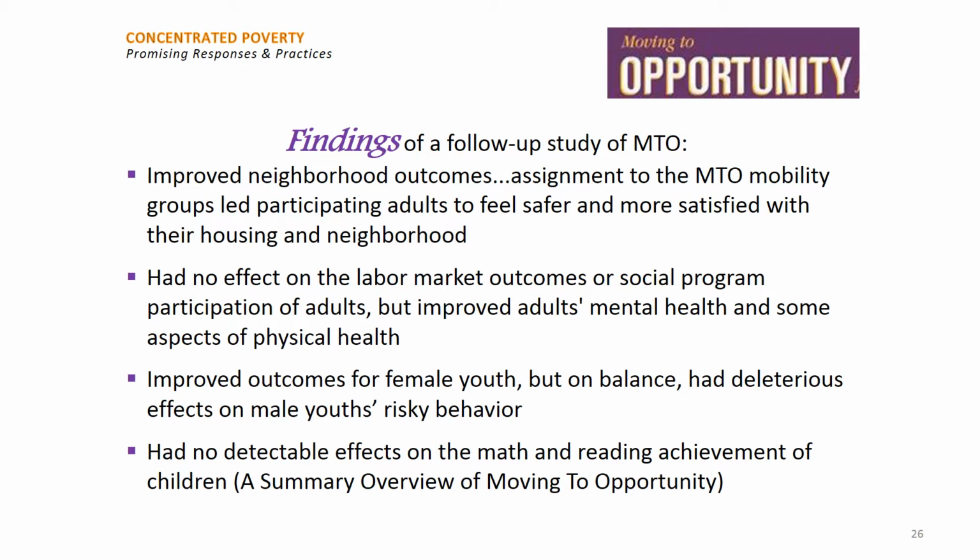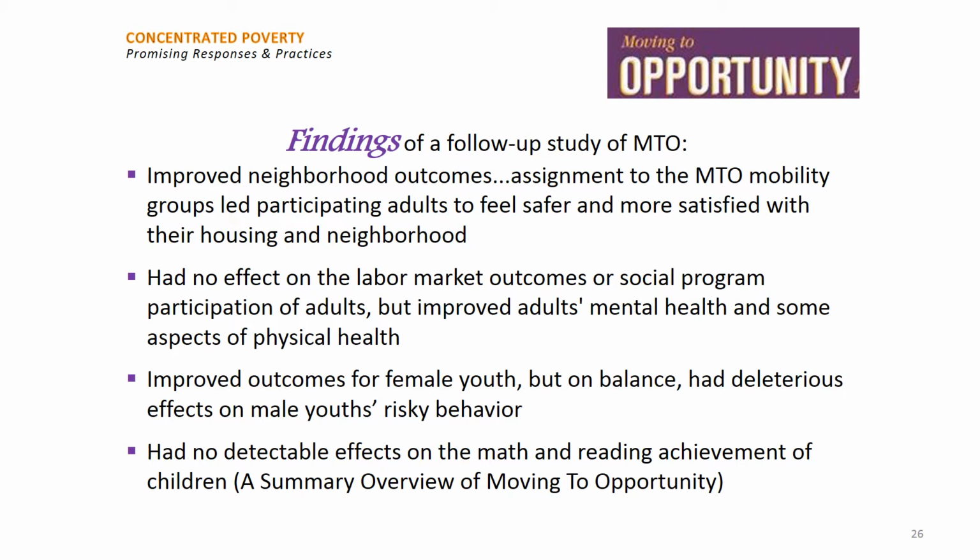Findings of a follow-up study of the Moving to Opportunity program included the following: improved neighborhood outcomes; assignment to the MTO mobility groups led participating adults to feel safer and more satisfied with their housing and neighborhood.